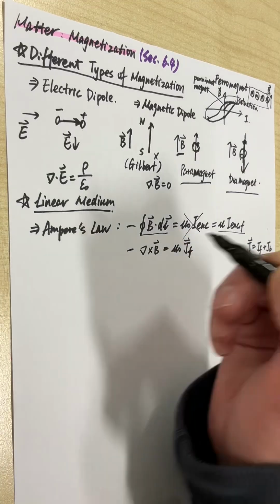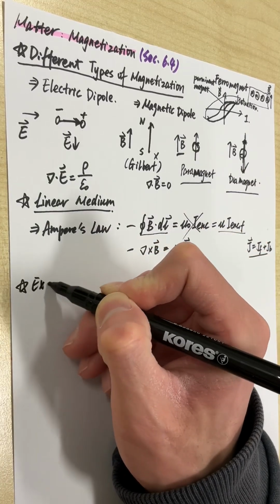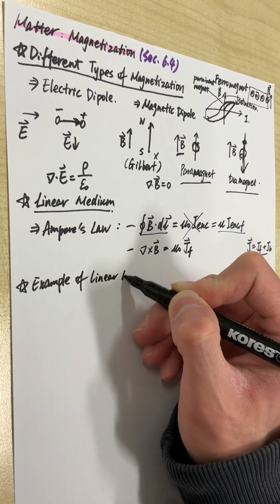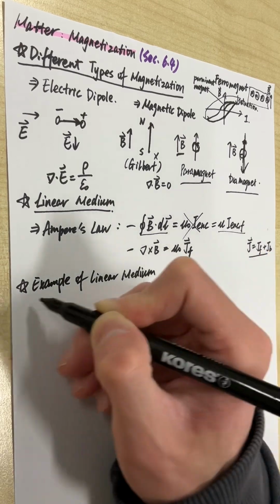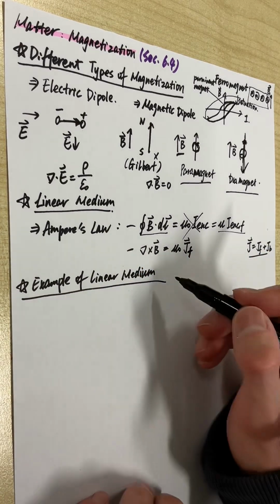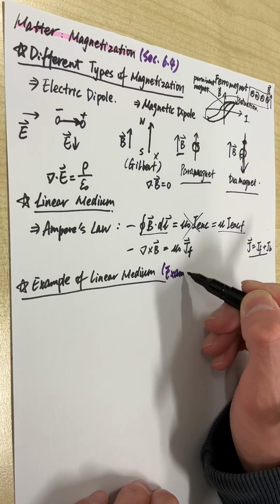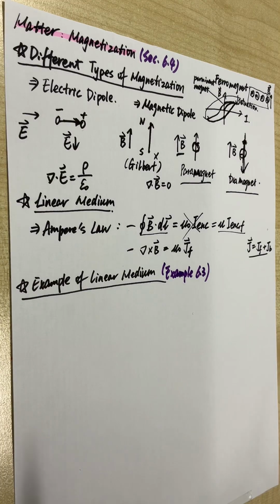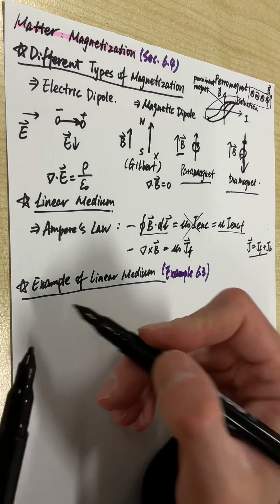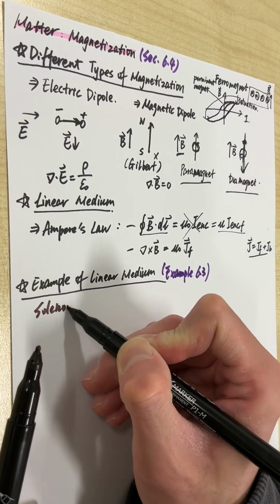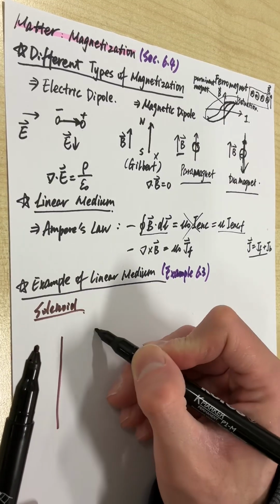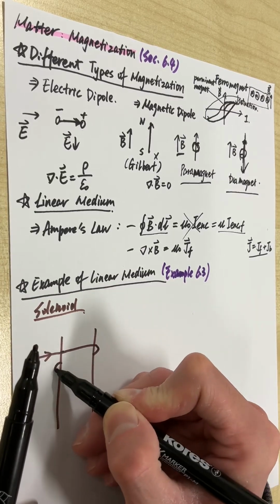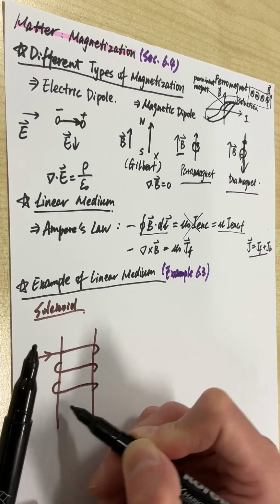So let's try to understand this better with an example of a linear medium. This is example 6.3 of the textbook. Basically, we have a solenoid, we have current in, and then the wire would surround this.